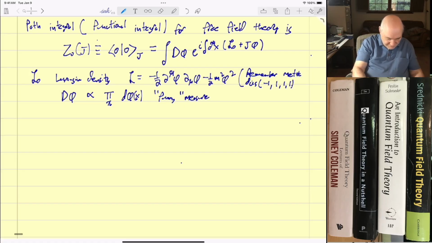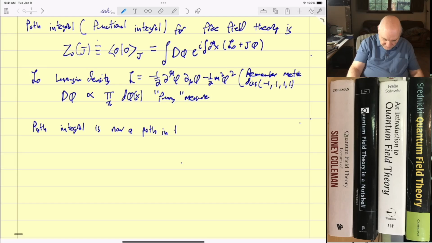Also, the key thing to understand is that the path integral is now a path in the space of field configurations.